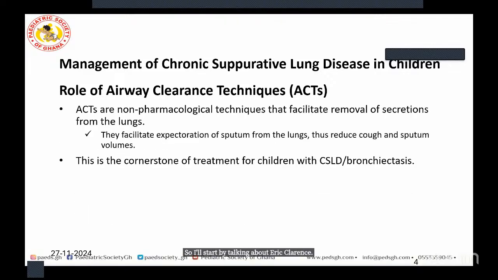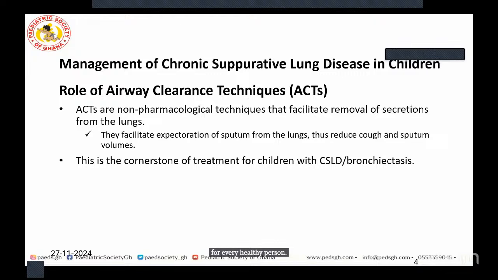So I'll start by talking about airway clearance. Airway clearance techniques are mainly non-pharmacological techniques that facilitate removal of secretions from the lungs. I think from Dr. Ajete's presentation, we learned about the mucus clearance that is very key for every healthy person.